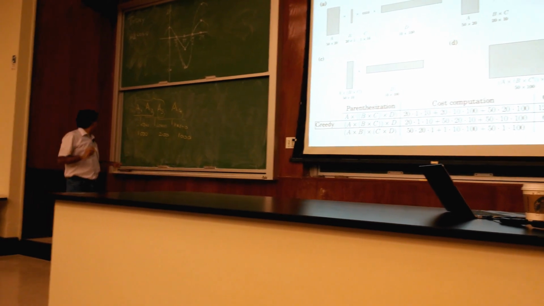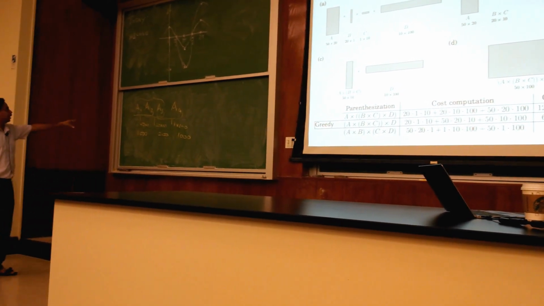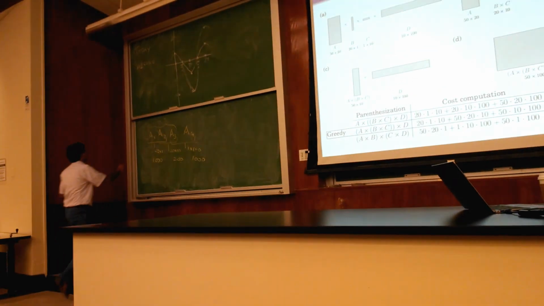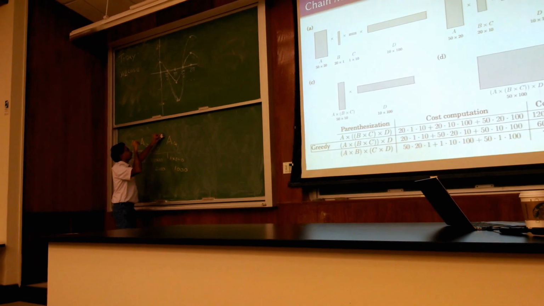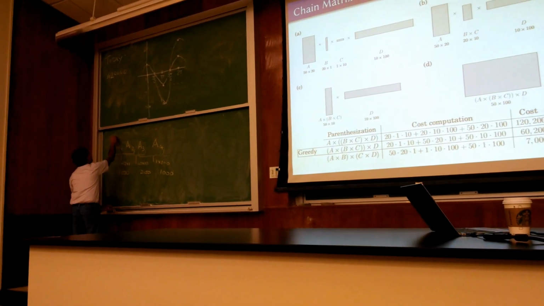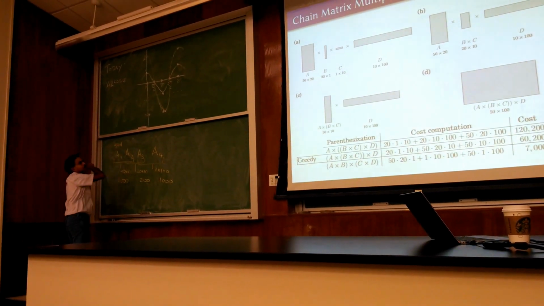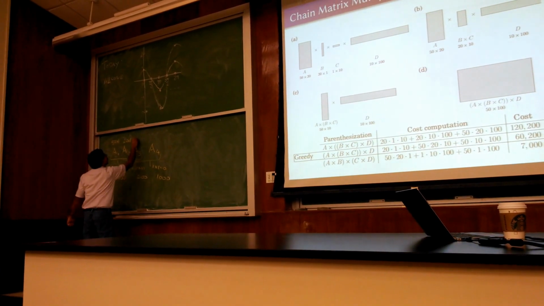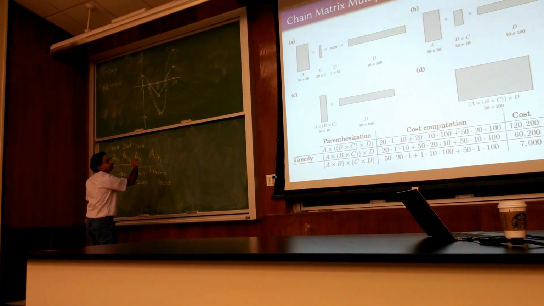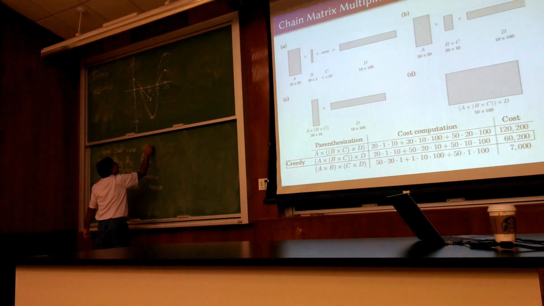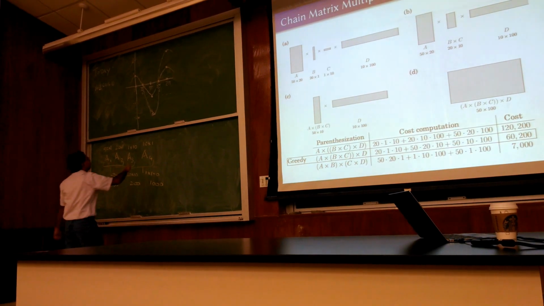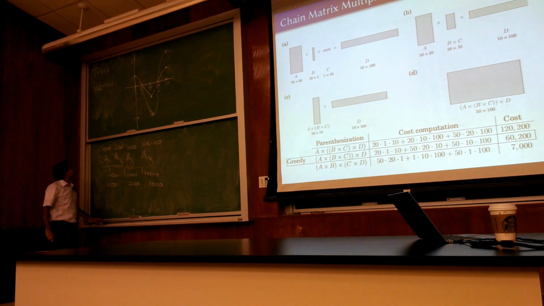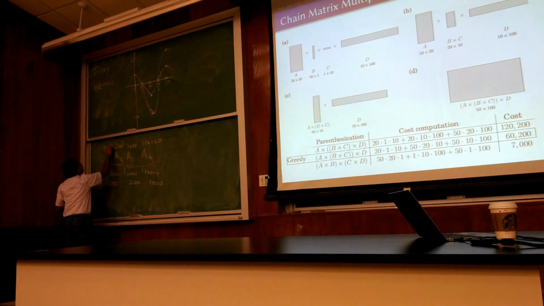Okay, so now we have to consider these 3, and that is going to be 50 times 1 matrix being combined with A3, which is 1 times 10, right? So let me write this down. The first one is 50 by 20.